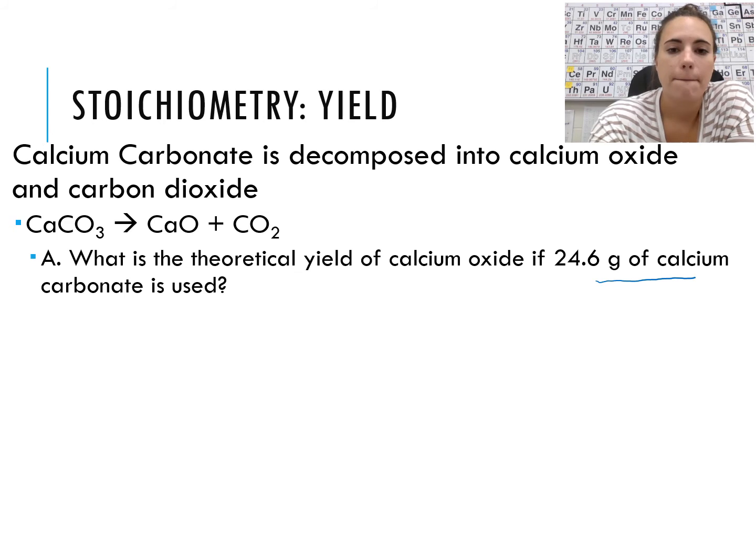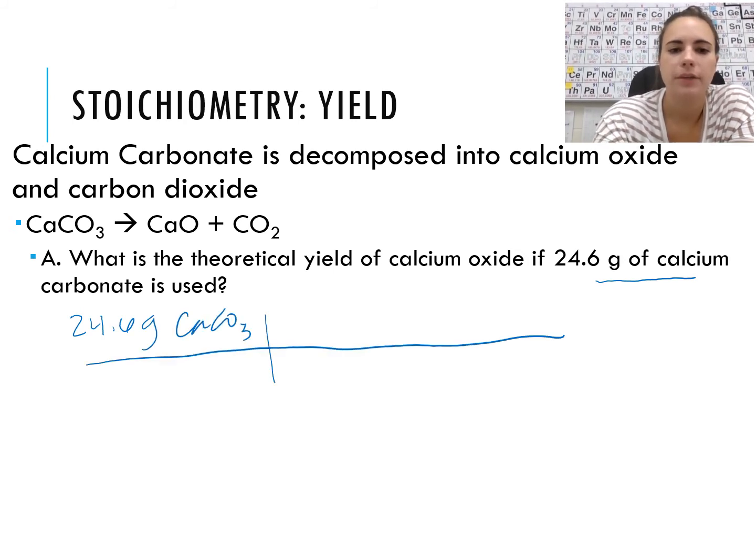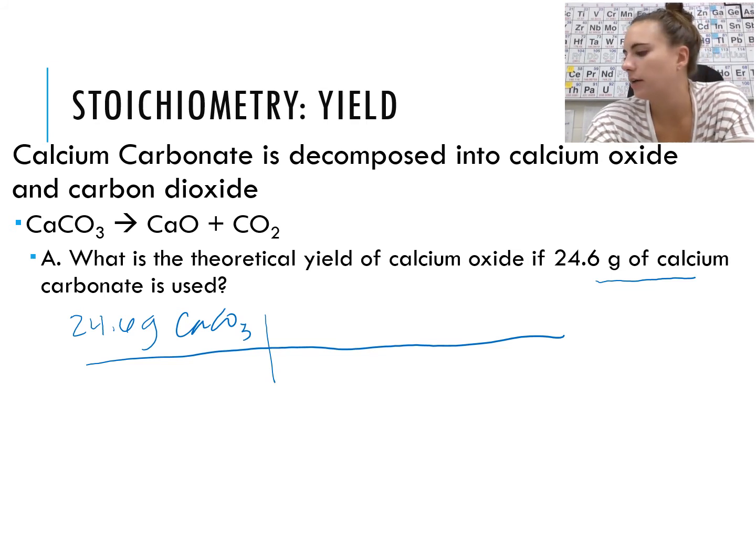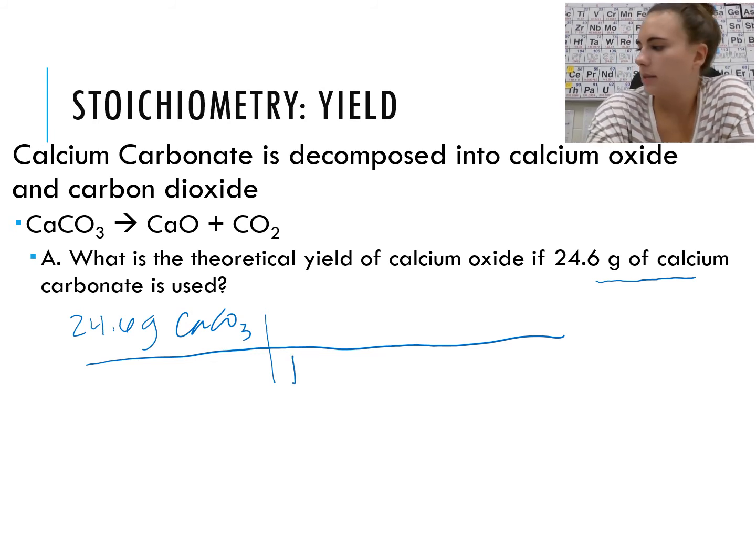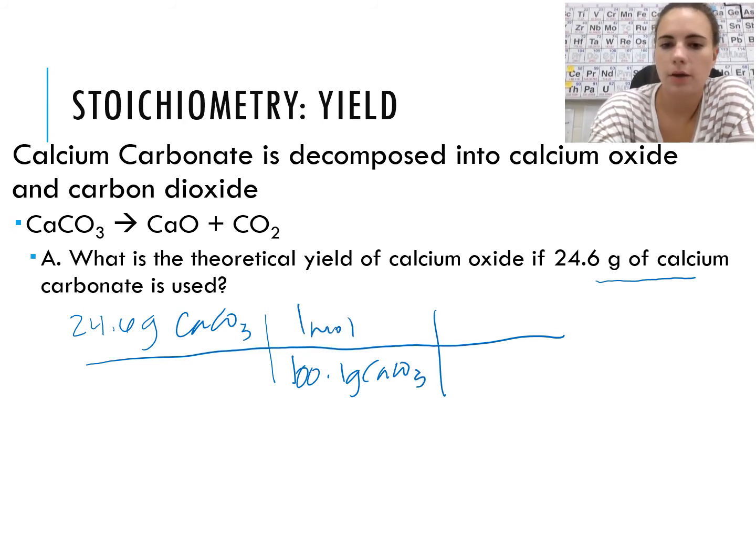So in order to find the theoretical yield of calcium oxide, I'm just going to convert 24.6 grams of calcium carbonate into grams of calcium oxide. So molar mass, 100.1 grams in 1 mole. My coefficients are both 1.